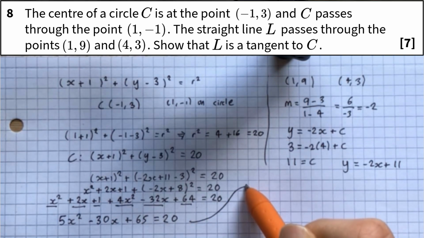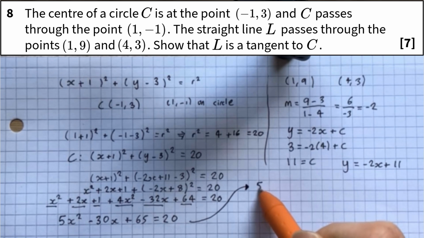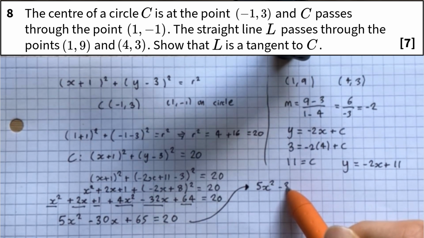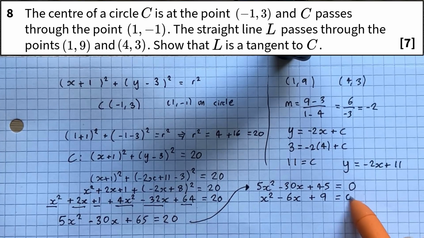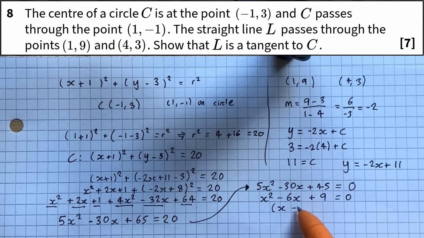We want to get everything onto one side, so I'm going to subtract 20 from both sides. I've divided all terms by 5, and once I do that, then I can factorize it into x minus 3 all squared. This gives the value of x equals 3.